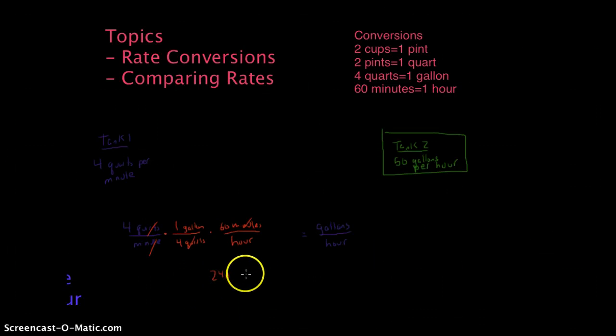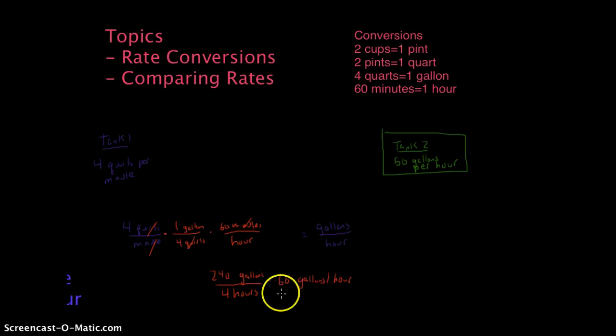So I am 240 gallons in 4 hours, and if I divide 240 by 4, that's going to give me 60 gallons per hour.